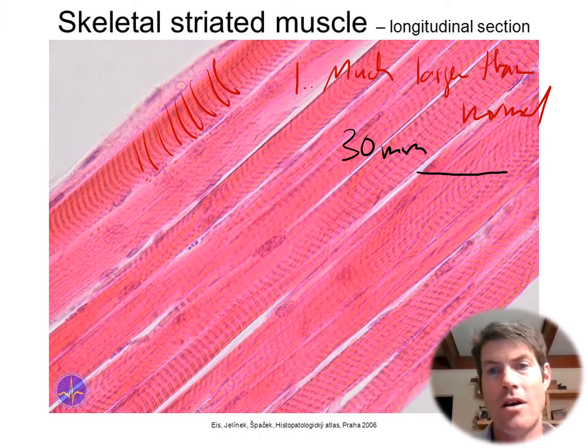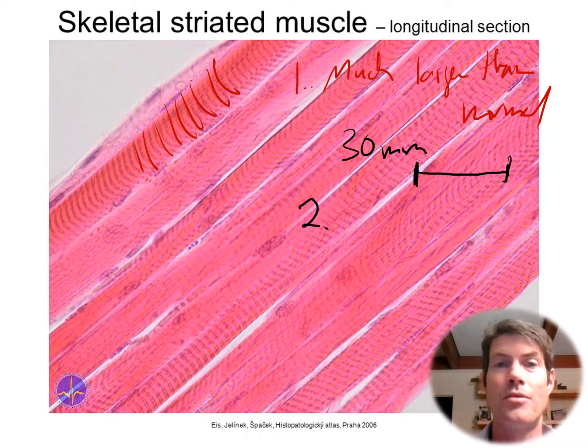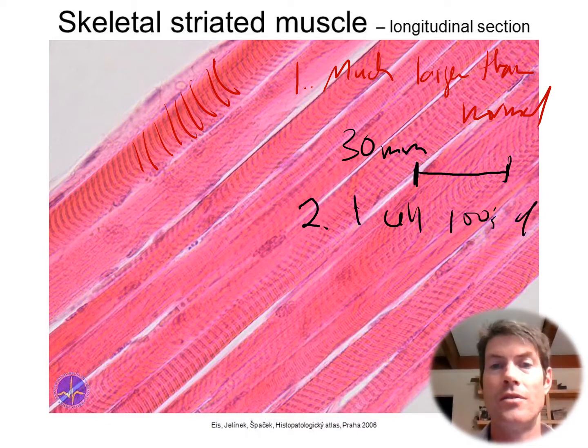That's about an inch. So that's a long cell. It's a really long cell. Remember, most cells are microscopic. So that's pretty notable. And one cell can have hundreds of nuclei.